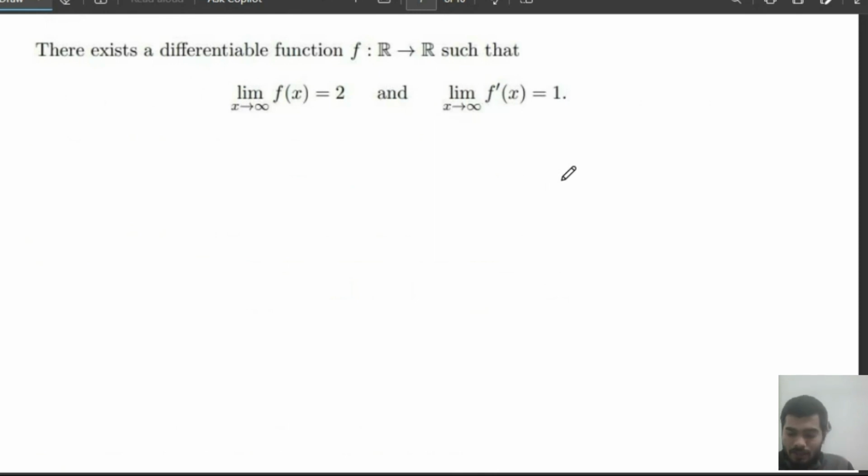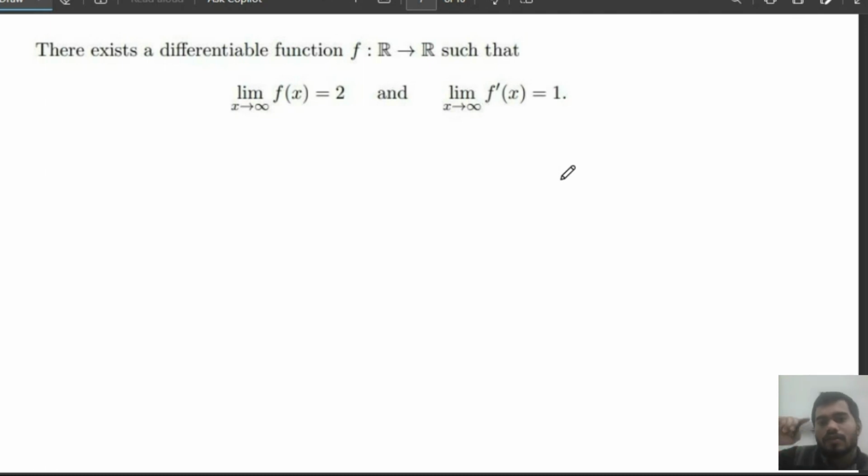Okay, this is an interesting problem. There exists a differentiable function f from R to R such that this follows. Is it even possible? There is a very nice exercise, I think, given in Introduction to Real Analysis.